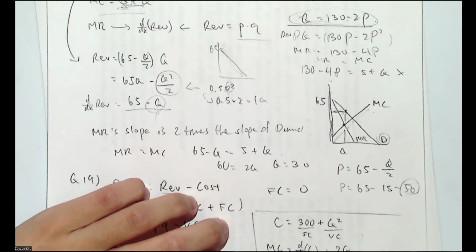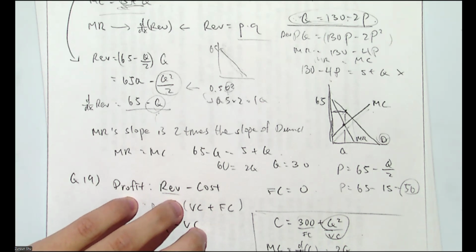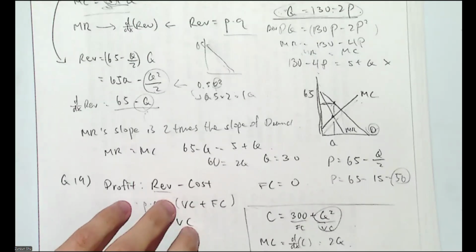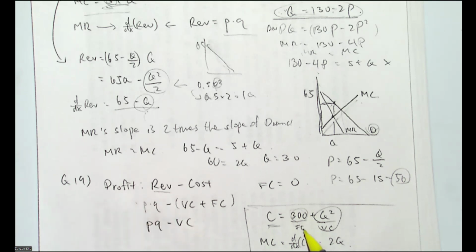But if you realize, this is just your variable cost. So the integral of MC only gives you the variable cost, not the total cost, because we simply can't account for FC.